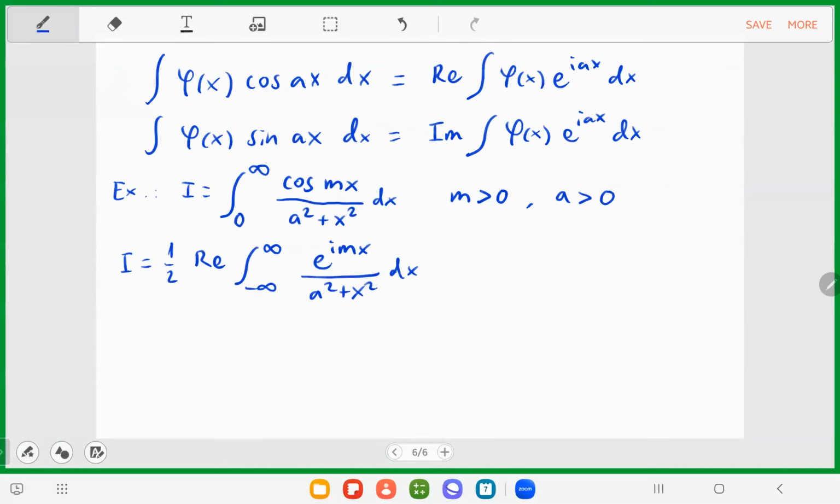Now, let's check Jordan's lemma. Does Jordan's lemma apply? Jordan's lemma says I have a function phi. So here phi would be 1 divided by a squared plus z squared.